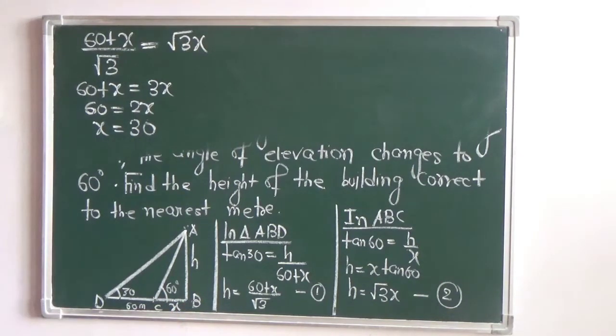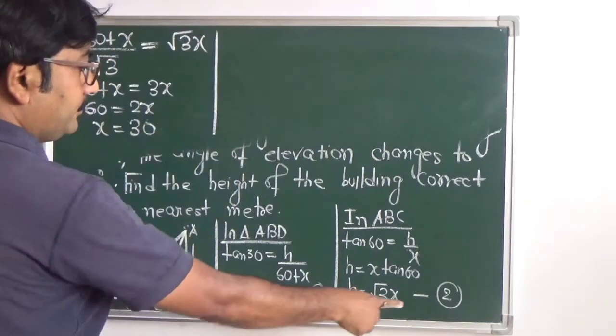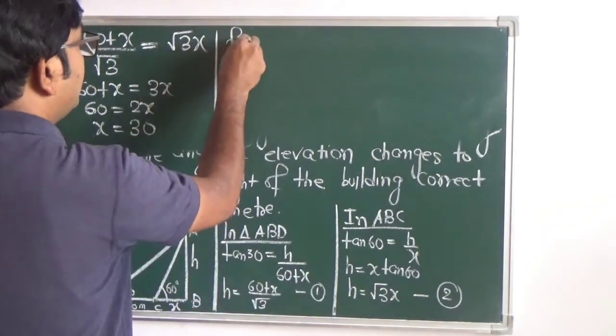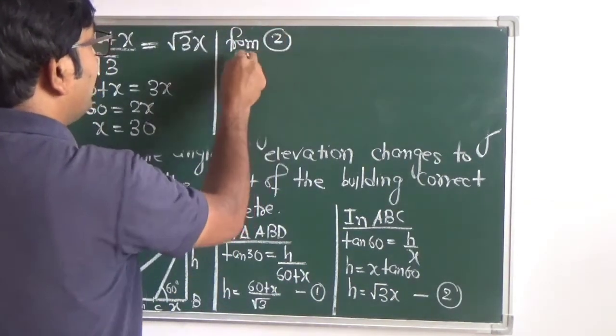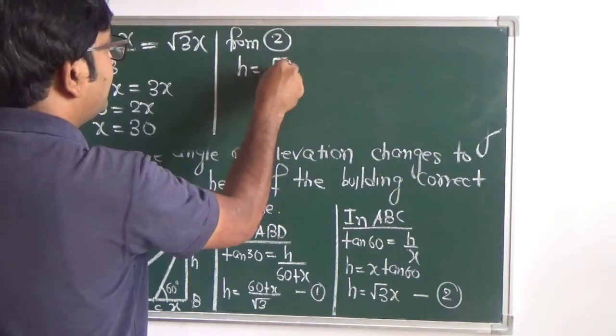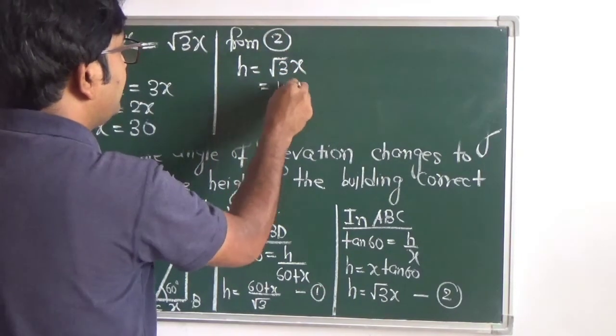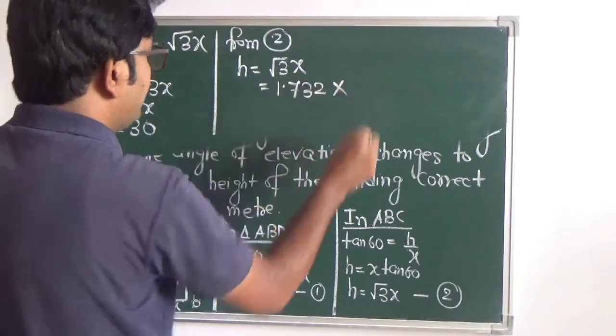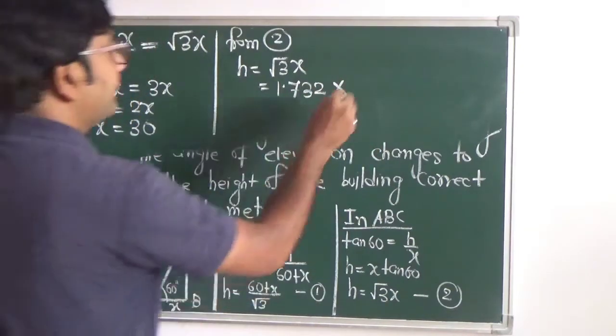Now we need to find the value of h. From equation 2 we have h equals root 3 into x. The value of root 3 is 1.732 and x is 30.